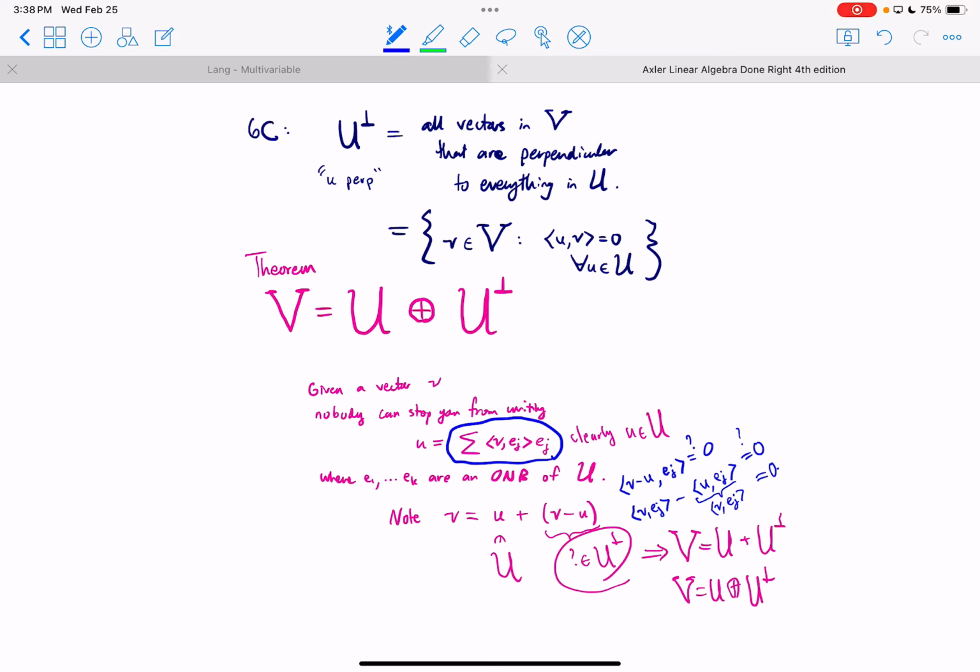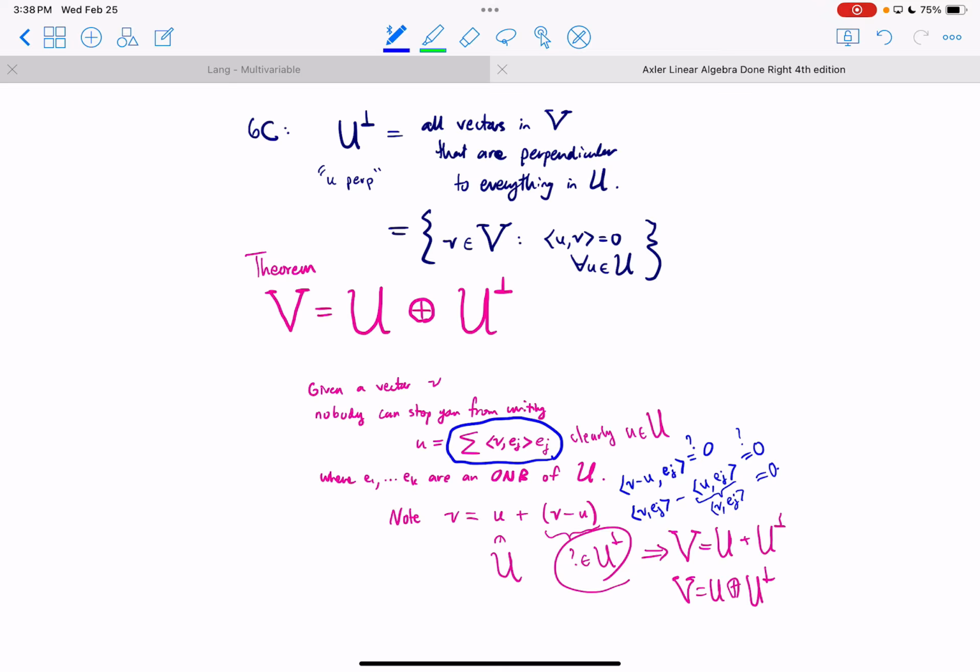So that's nice. And now, but psychologically, what I think of is, why is this a direct sum? Well, because I can orthogonally project onto U. These have to be the coefficients, right? We already knew from section 6b that we reviewed a moment ago. If you're going to project onto U, this is an orthonormal basis of U, these have to be the coefficients. And any part of V that was elsewhere is just not here anymore.